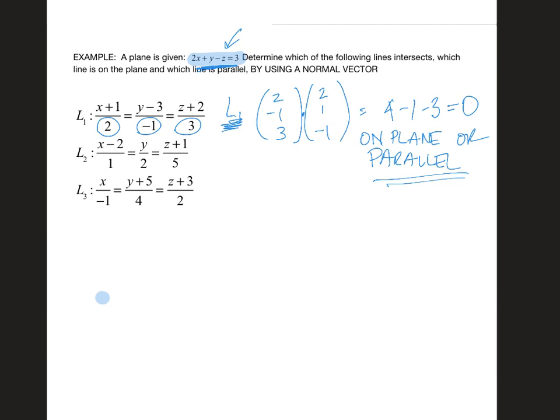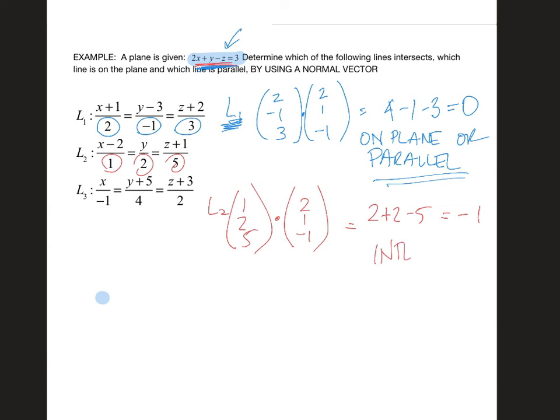For line 2, the direction vector is 1, 2, 5. The dot product with the normal gives 2 plus 2 minus 5, which is negative 1. Since I do not get a 0, it's not perpendicular, so it has to intersect. Do I know where? No, not at all. I just know that it intersects.